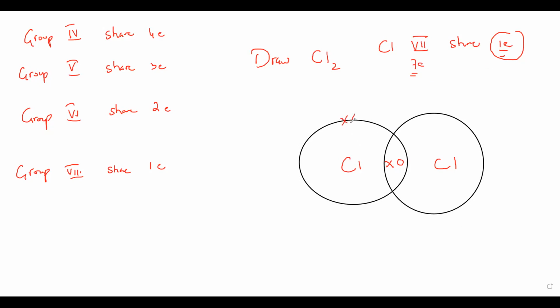So the 6 unshared electrons we will draw as pairs. So this is the covalent structure of the chlorine molecule, or Cl2. Is it clear, the covalent structure?